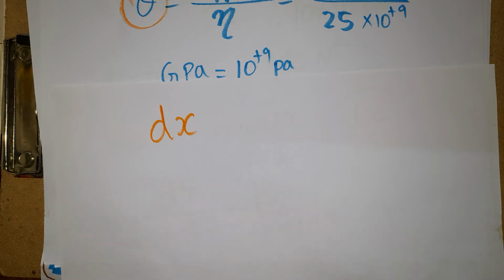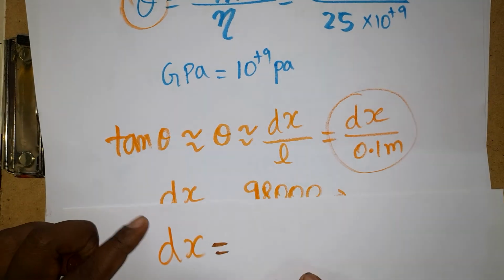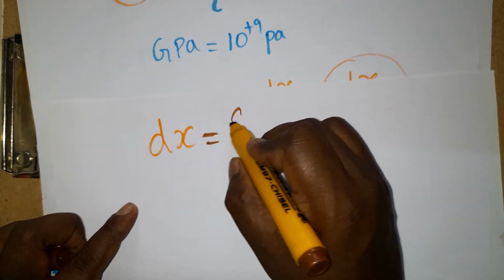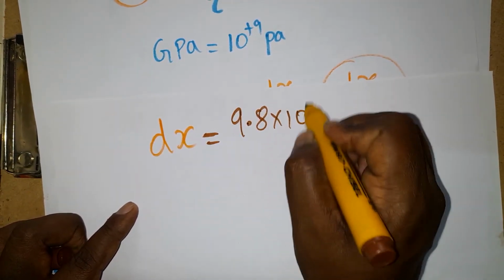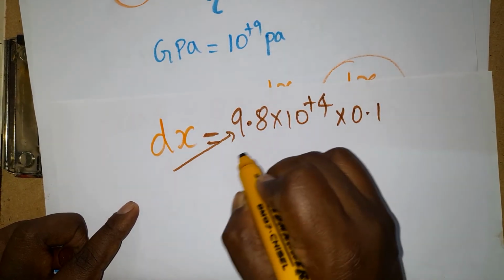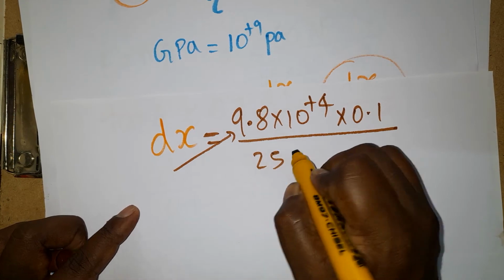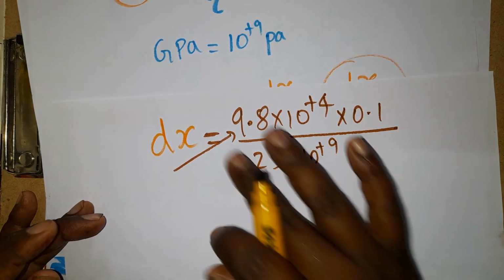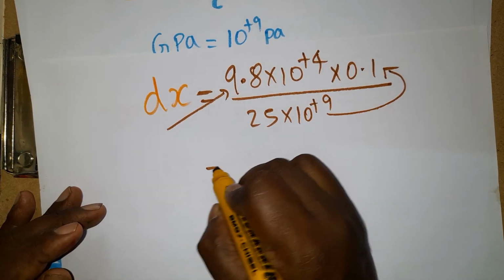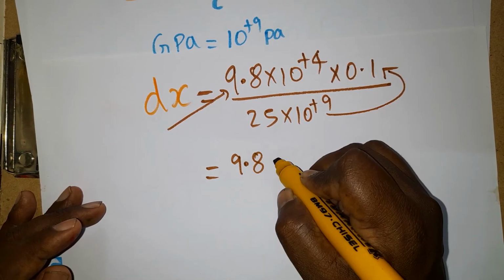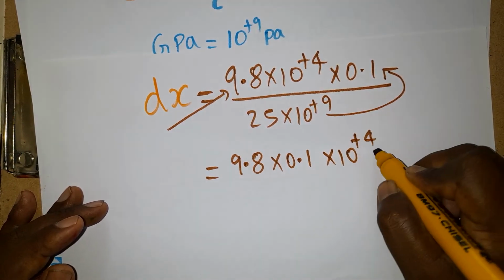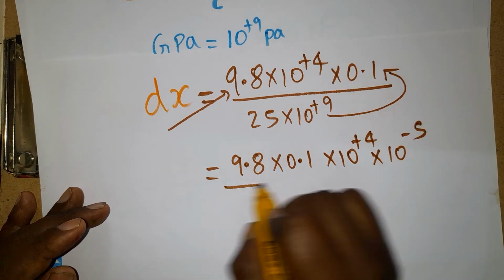So dx length is equal to 9.8 into 10 power plus 4. I am making the problem very simple, into 0.1, which I bring from here, divided by 25 into 10 power plus 9. If you calculate this you will get the answer. From denominator to numerator the plus 9 becomes minus 9: 9.8 into 0.1 into 10 power plus 4 into 10 power minus 9 divided by 25.